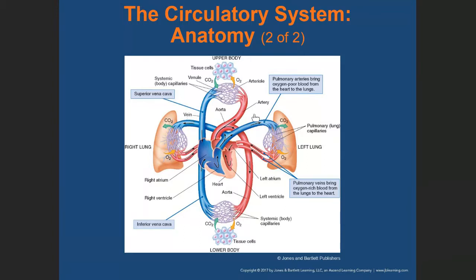Now, at the point that this deoxygenated blood reaches the pulmonary capillaries, air also reaches the alveoli. So that's air that we have breathed in from the atmosphere. That air has a high concentration of oxygen.